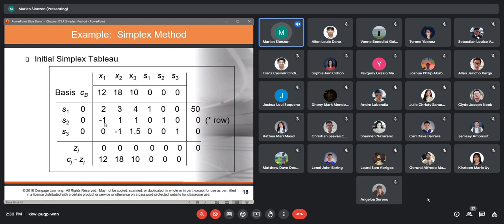We read the next as negative x sub 1 plus x sub 2 plus x sub 3 plus s sub 2 is equal to 0. And this other one will now be x sub 1 minus x sub 2 plus 1.5 x sub 3 plus s sub 3.